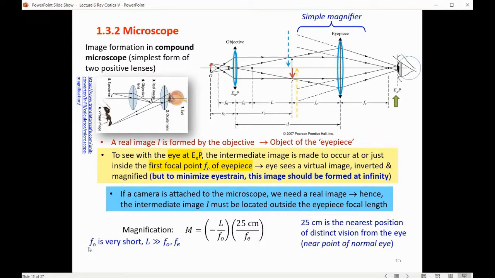In this case, f0 is very short, and the distance from the second focal point of the objective to the intermediate image, given as L, would be very large compared to f0 and fe. Hence, we can then write this equation. This is the linear magnification of the objective lens, whereas this is the angular magnification of the eyepiece that we had discussed in the slide before this.